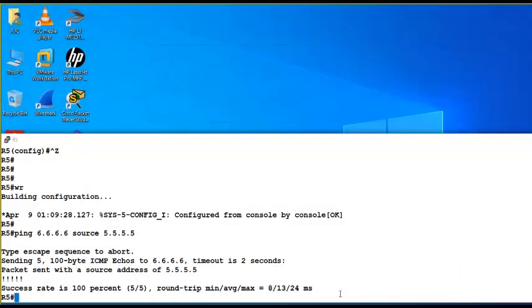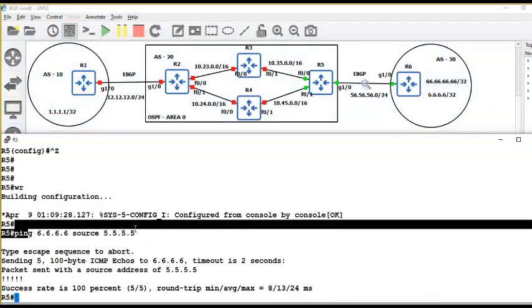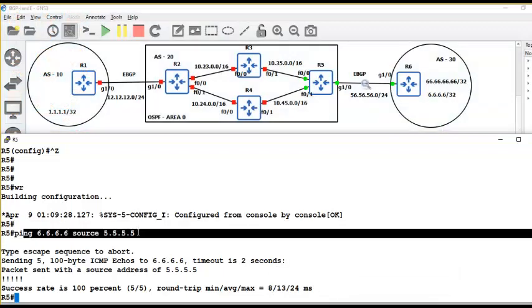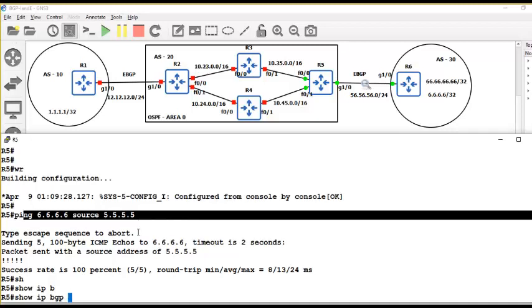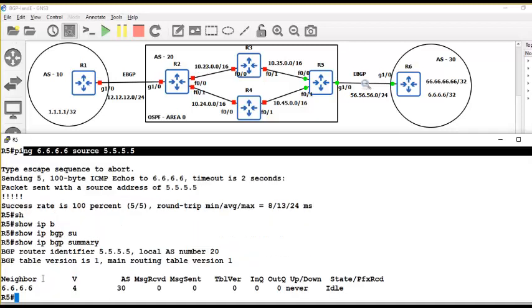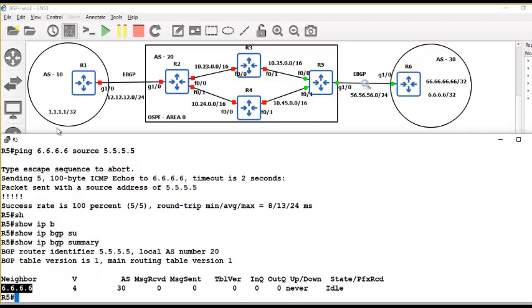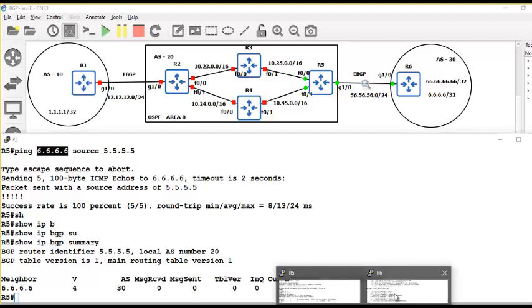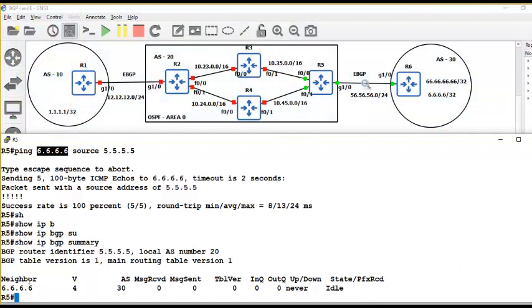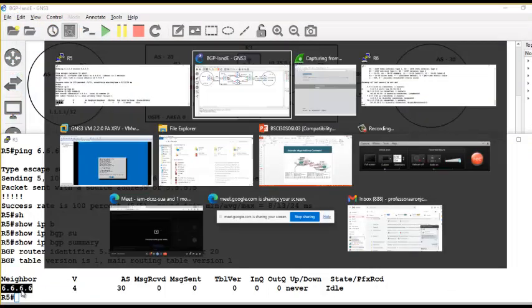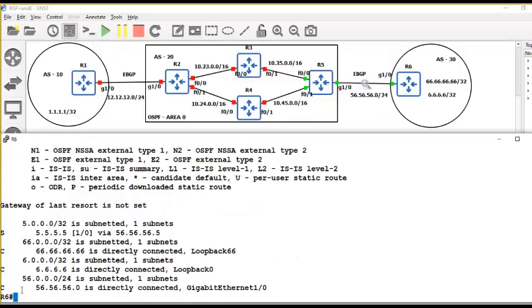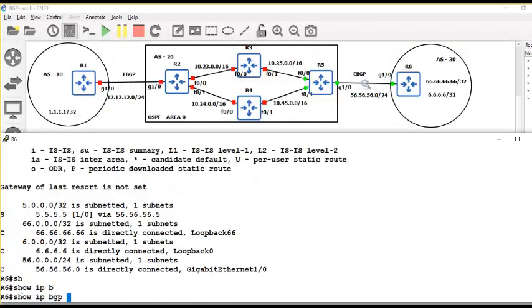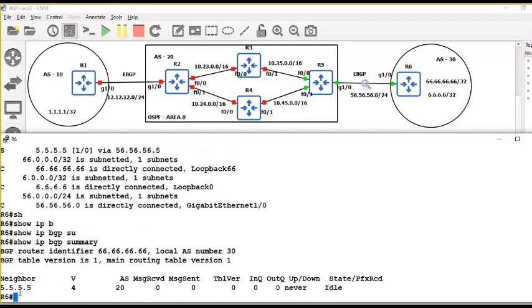Even though you are able to ping, and it's the same address with which you have formed the neighbor. You said my neighbor is 6.6.6.6, and it is reachable. On the remote router, we have said the neighbor is 5.5.5.5. These two addresses are pingable from both sides.